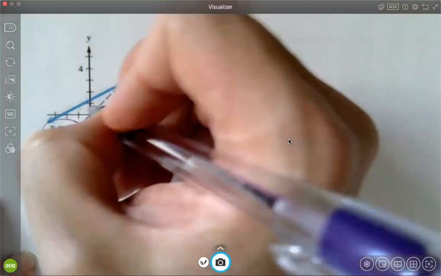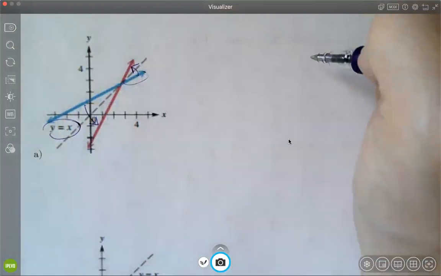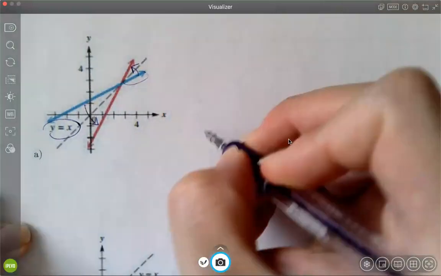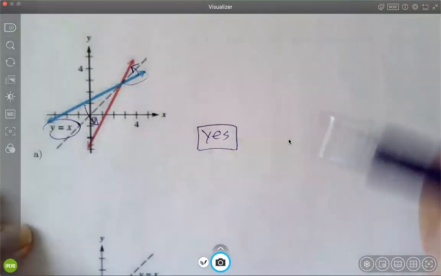Goes into here, right? So when you flip the blue graph over the dotted line, you get the exact overlap with the red graph, right? Okay, so yes, they are inverses. In other words, both are symmetric in terms of y equals x, right?